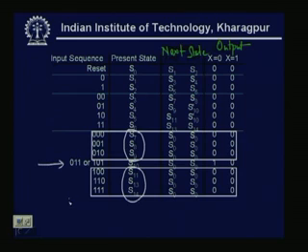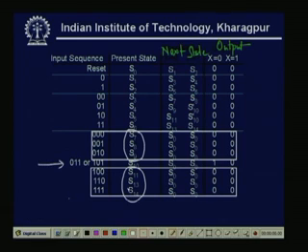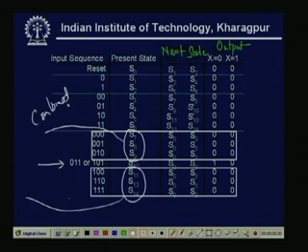So, these are the two classes identified. Each can be combined.